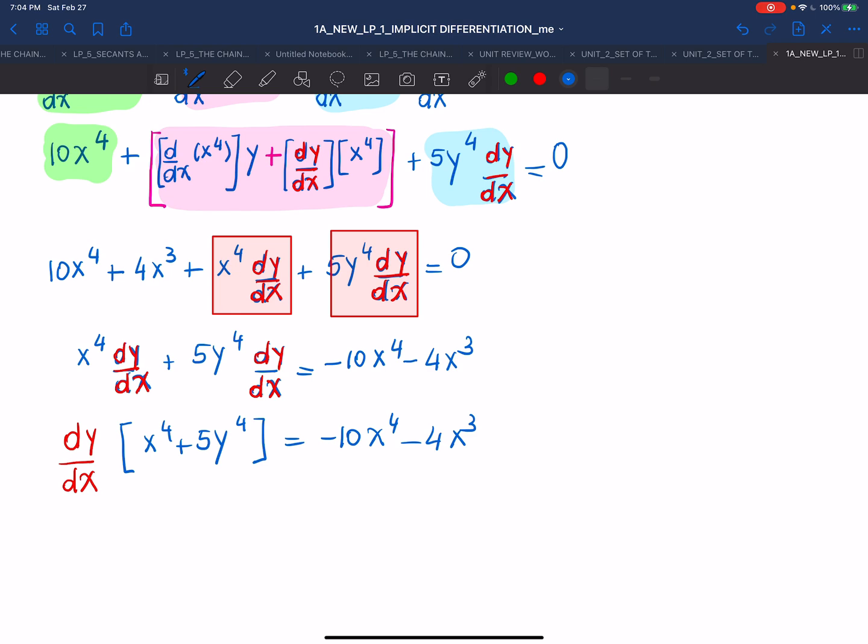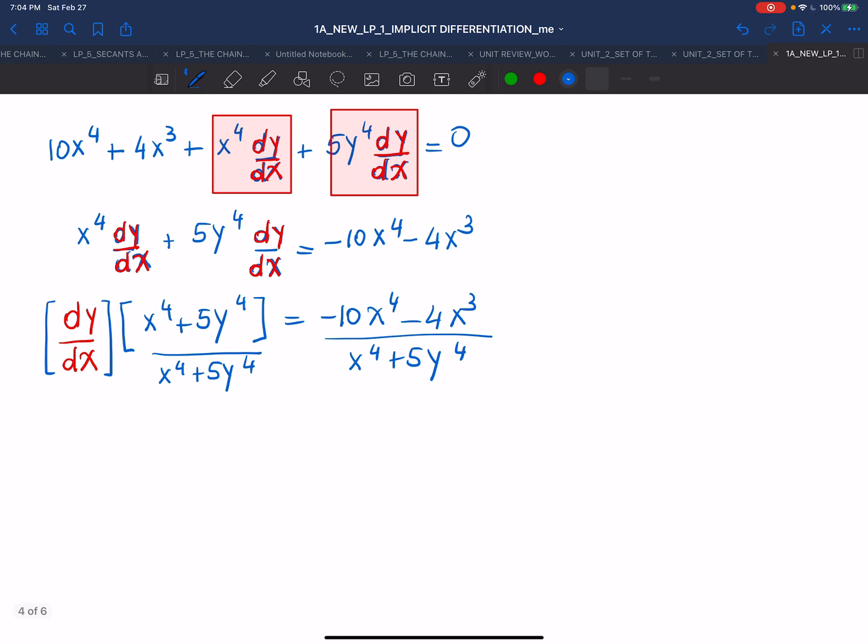So in order to solve for dy dx, we are dividing both sides by x to the 4 plus 5y to the 4. So this will leave us with dy dx on one side equals negative 10x to the power of 4 minus 4x to the power of 3 over x to the 4 plus 5y to the power of 4.